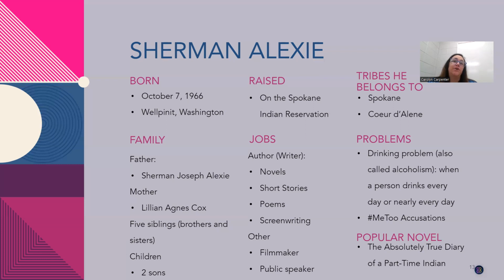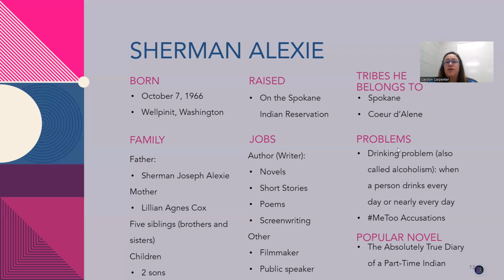There are movies out there that you can see that he's made. And he is a public speaker. So he goes into a lot of different schools. Well, I don't know if he still does, but he used to go into different schools and speak. But he also does a lot of different interviews to explain his life and where he comes from and the different jobs that he has had, things he has written about.